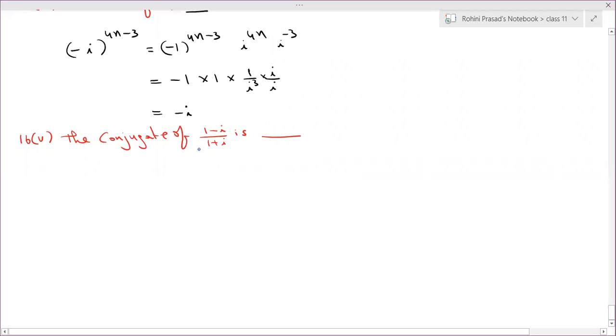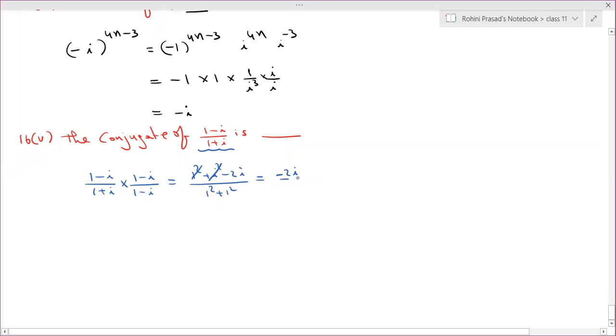The question asked is to find the conjugate of this. There are two ways of doing it. First you find the conjugate and then simplify, or first you simplify and then get the conjugate. Any method is fine. So if you try to simplify it, given complex number equal to this, then 1 minus i you multiply in numerator and denominator. Numerator is 1 minus i whole square, 1 square plus i square minus 2i by 1 square plus 1 square. 1 and minus 1 cancel.